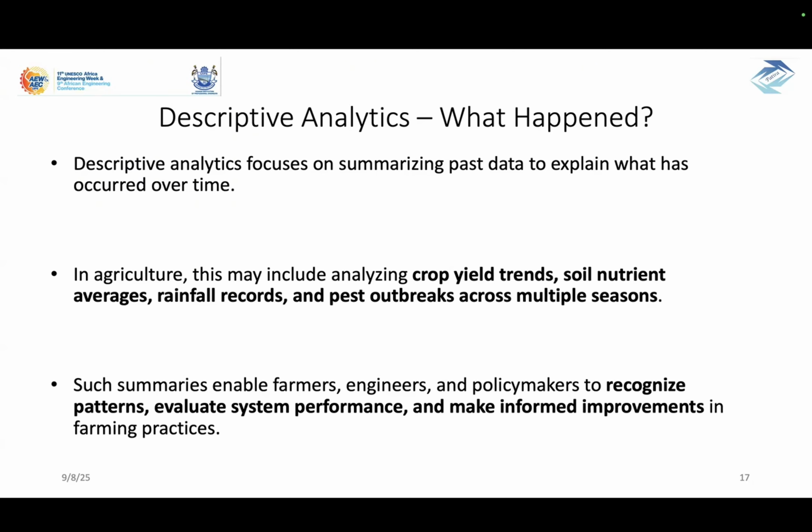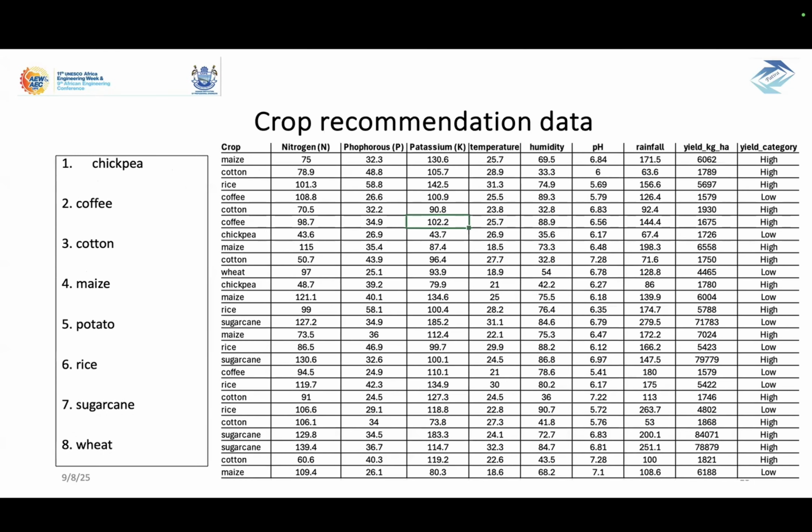And there are methods of working with descriptive analytics. For example, this is crop recommendation data. We have 8 different types of crops on the left, and then here you have nitrogen, phosphorus, potassium, temperature, average humidity, and so forth. Second last, you have the yield for each crop, and then the category, high or low.